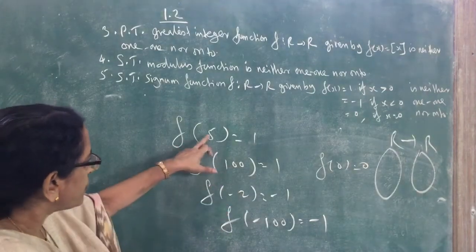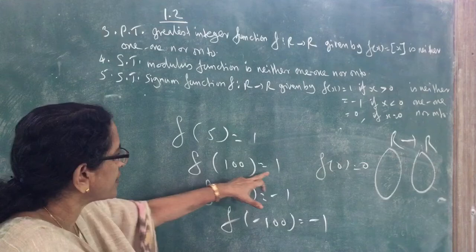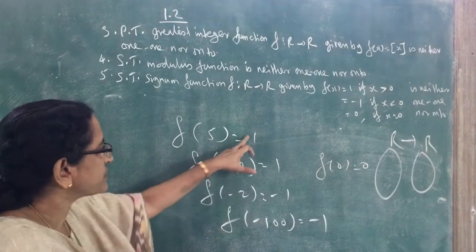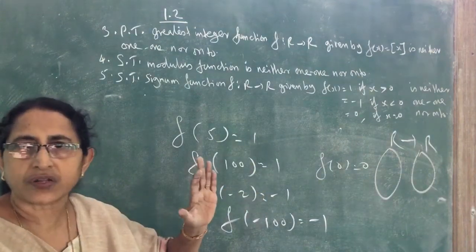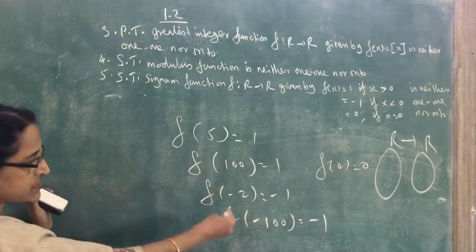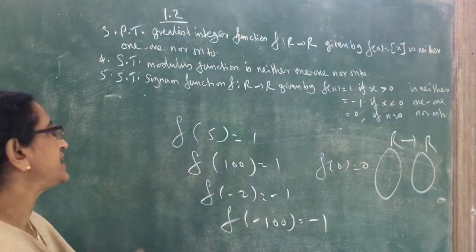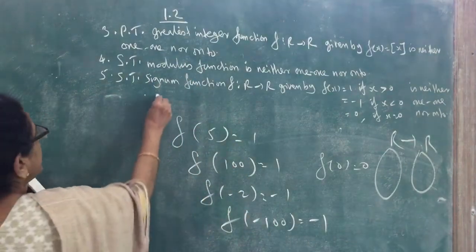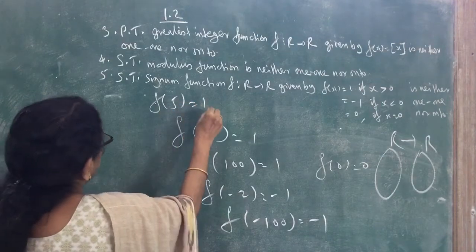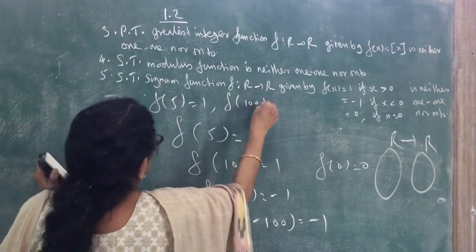Here f of 5 is 1 and f of 100 is 1, so two different elements have the same image. So it is not one-one. If we see some examples, we can understand very easily. First write f of 5 equal to 1 and f of 100 equal to 1.